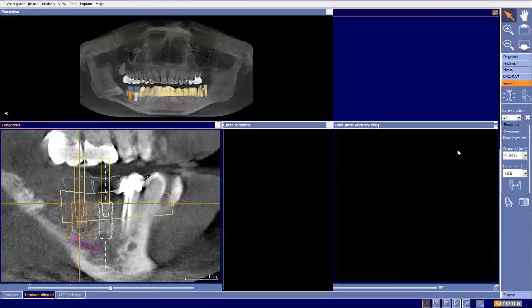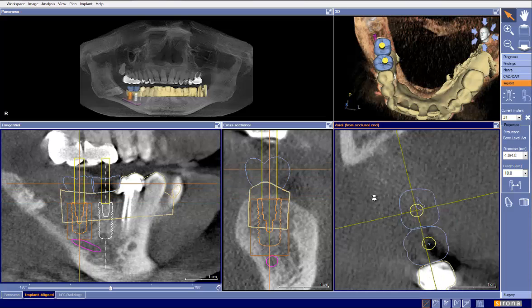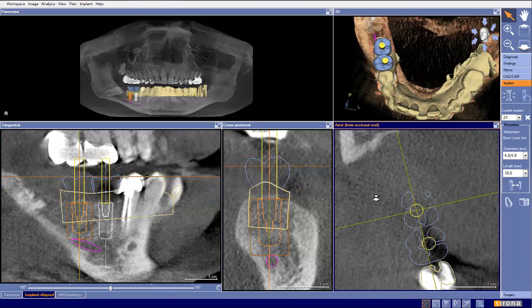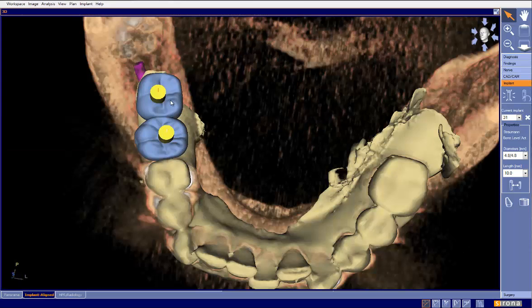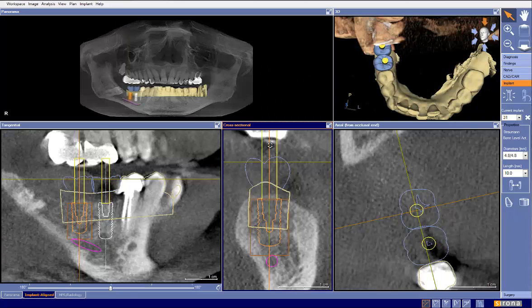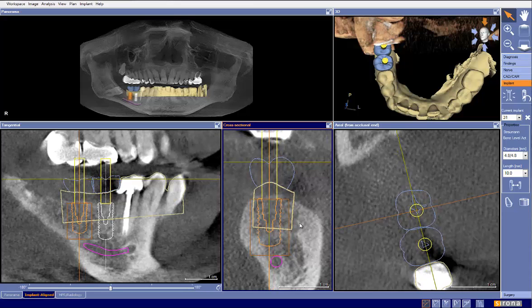And then the last thing we need to look at on number 31 is where it's coming out in relation to the occlusal table. And right here we can see that since we had to reparallel it, we're definitely on the buccal side of that tooth. So we need to either tilt it like so to bring it back in alignment, or we can bring it in like this. Now, how do we determine which one we want?